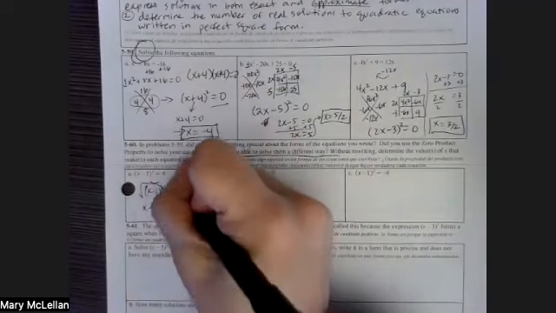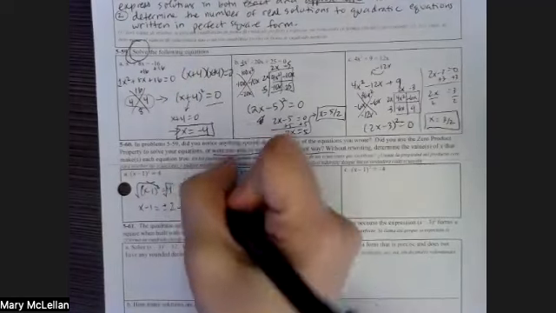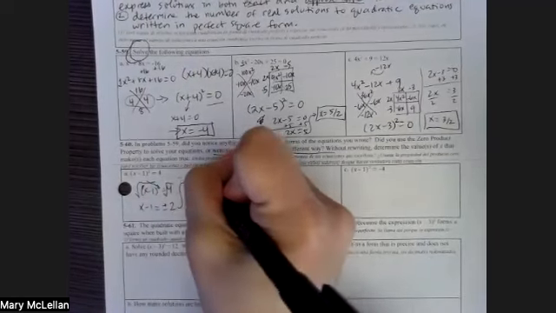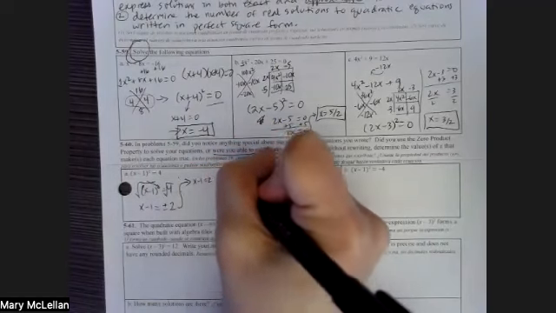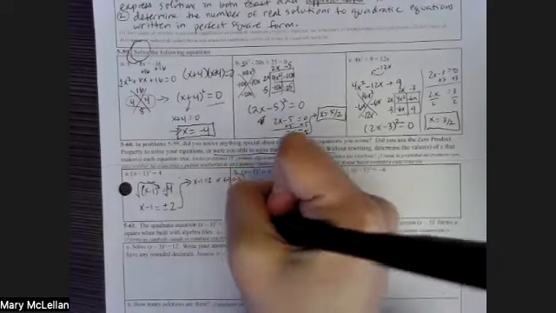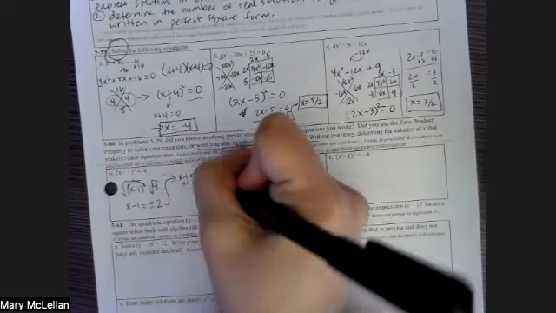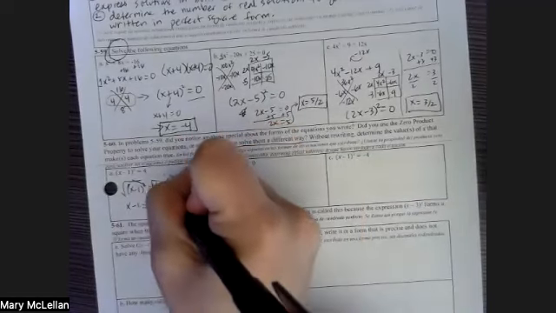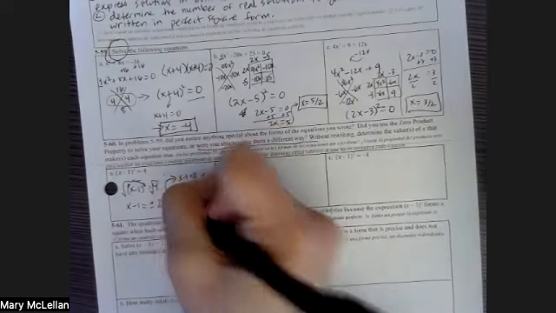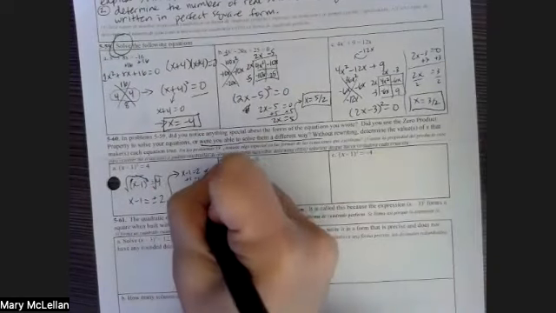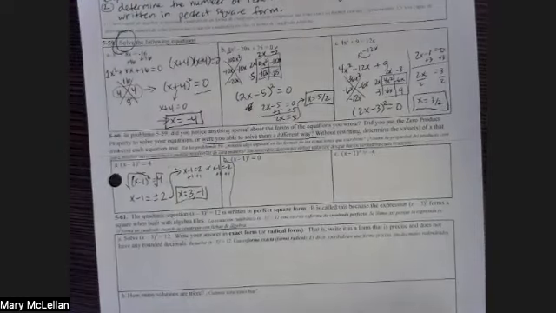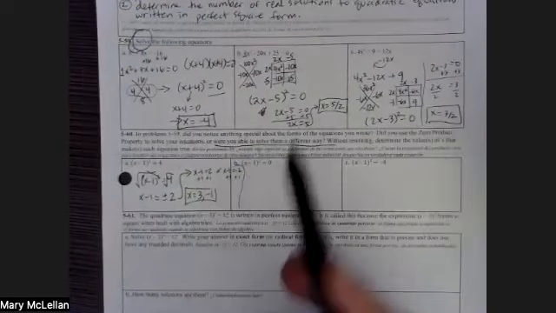And either of those situations would be solvable for x. So this becomes two different equations. x minus 1 equals 2, or x minus 1 equals -2. Add 1 to both sides for each version. And we get x is either 3 or -1. Two solutions.